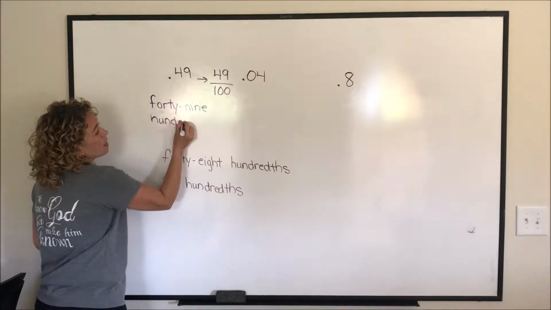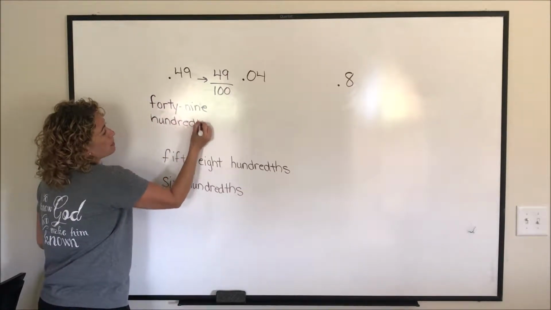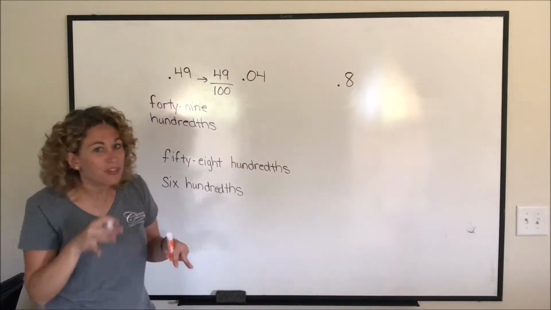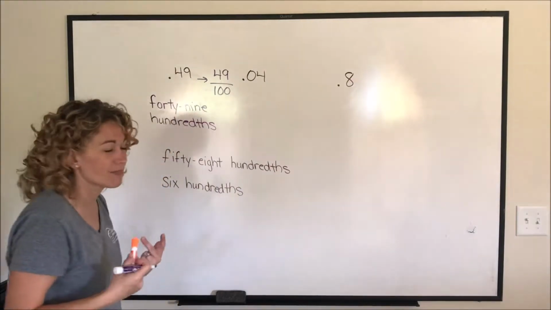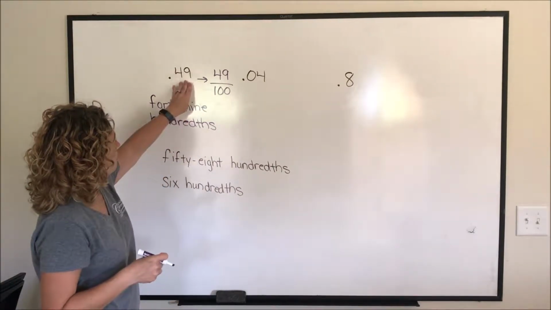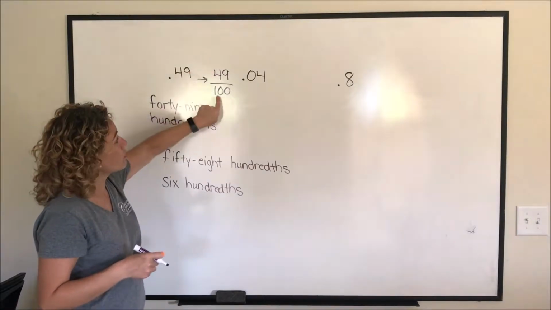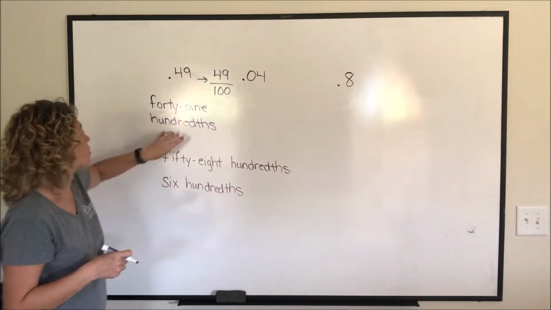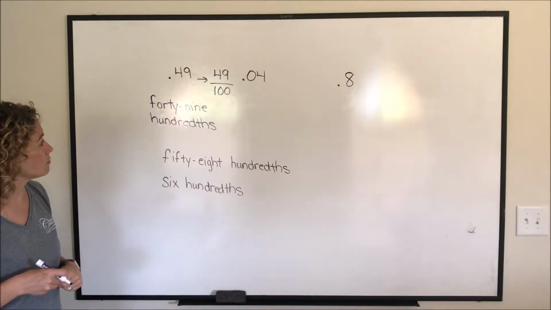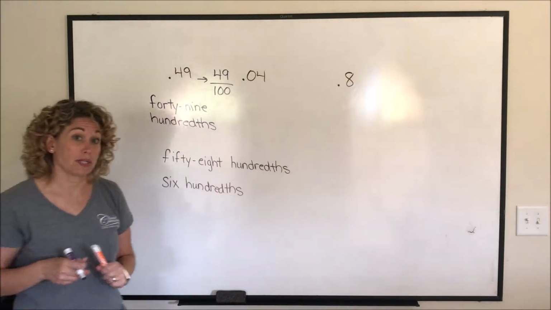So it's spelled like hundred, and then put a THS on the end. Okay, that's the one we kind of sound out as hundredth, so that it sticks in your head. But if you make this into a fraction, you know right away that those are hundredths. Okay. All right, so what do you think the next one is?